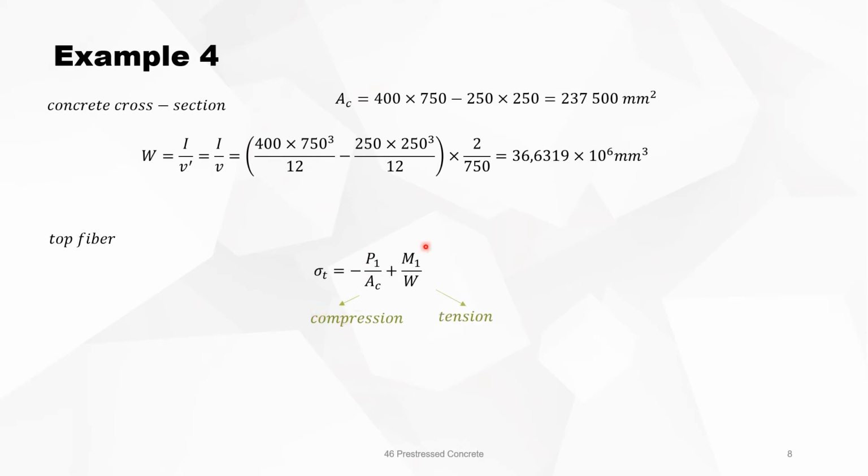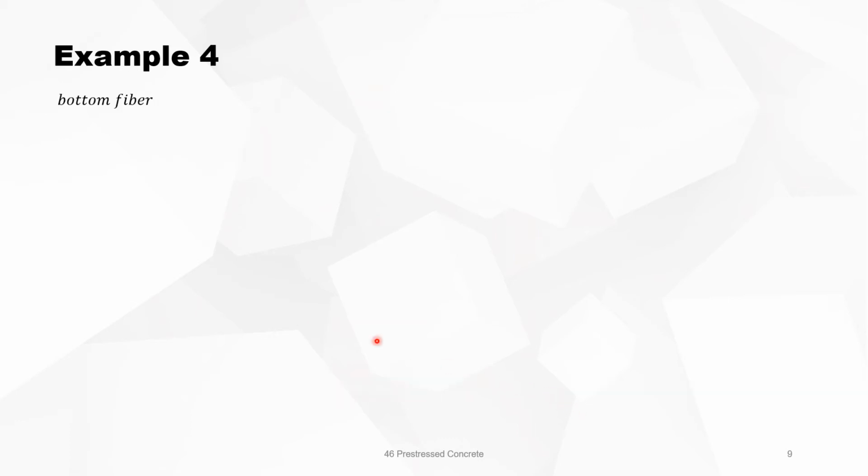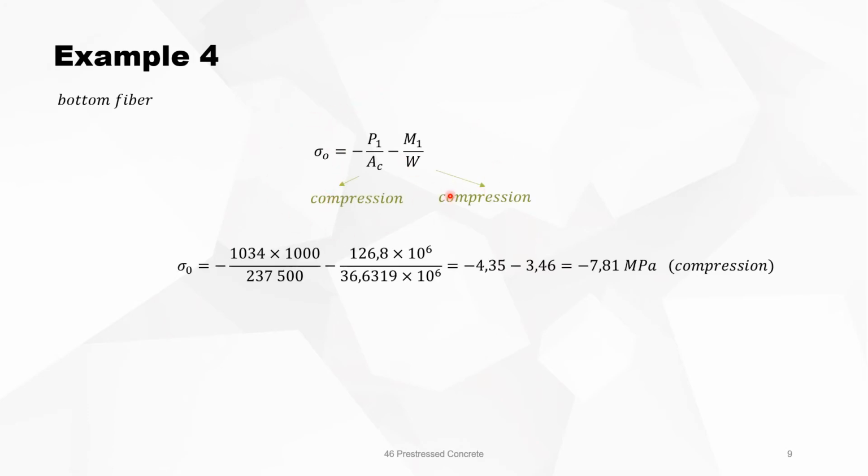So that's why there are only two terms in this equation. So this is compression and this is tension. If we put in some numbers, we will see that there is a net compression in the top fiber of 0.89 megapascal. In the bottom fiber, we calculate this is compression and this is also compression.